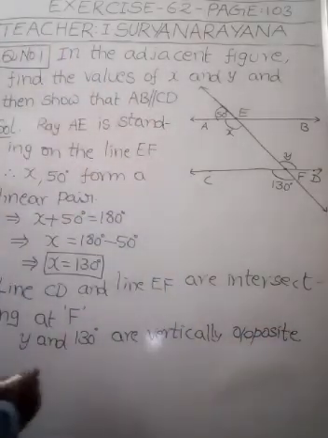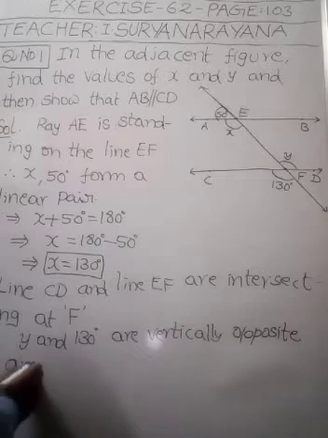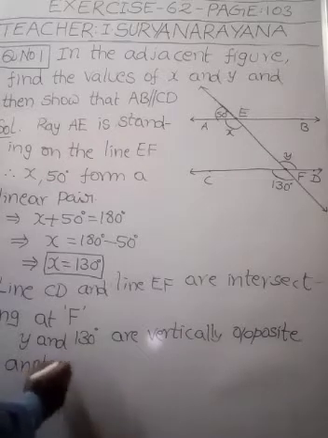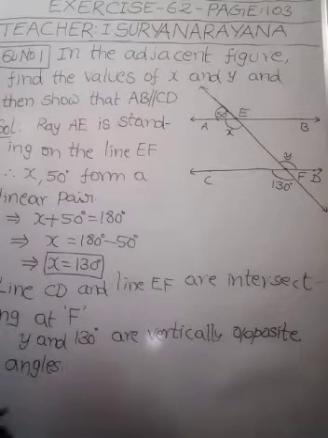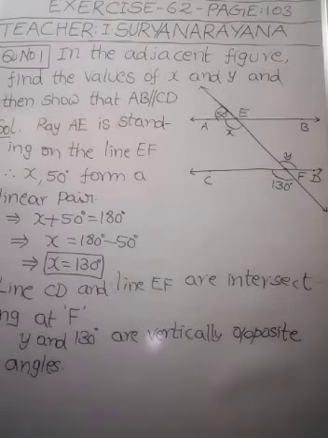Understood this point, my children? If two angles are vertically opposite angles, they are equal.